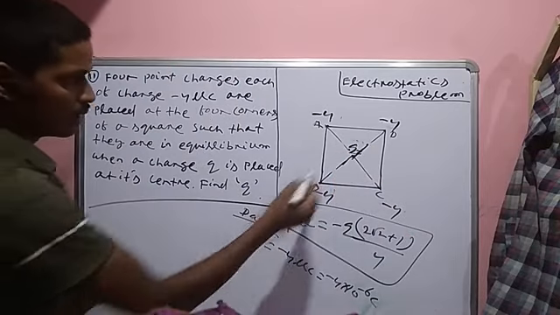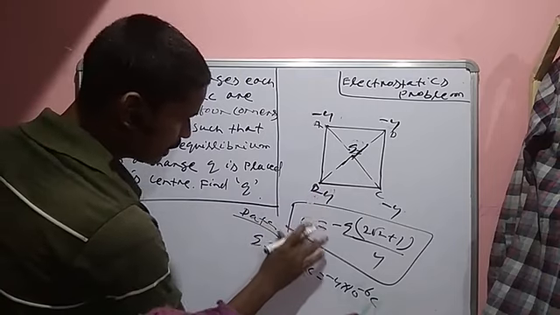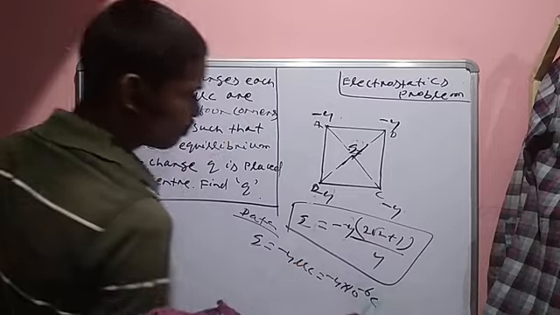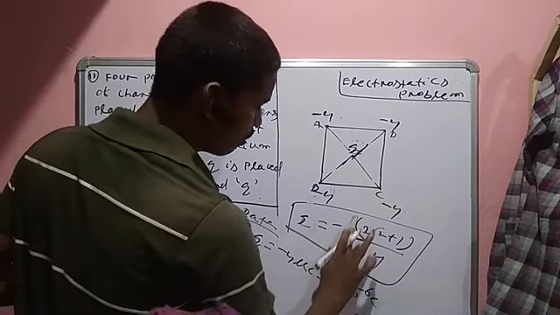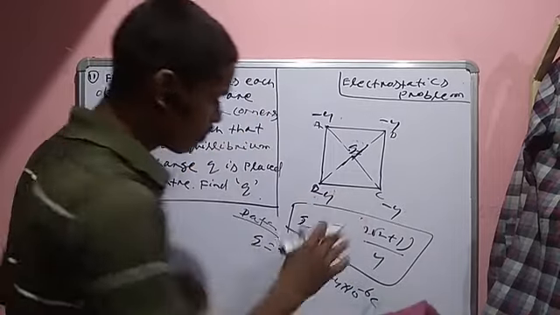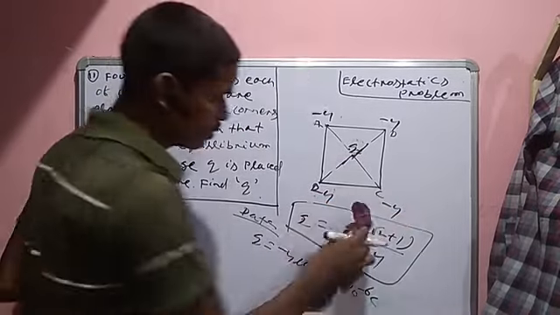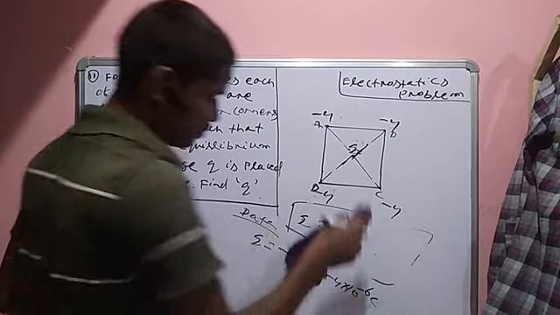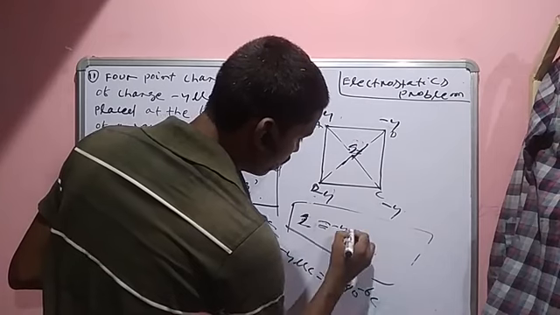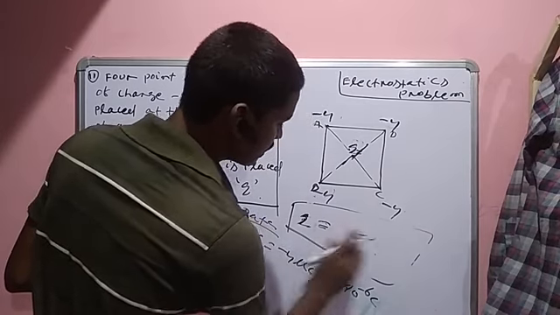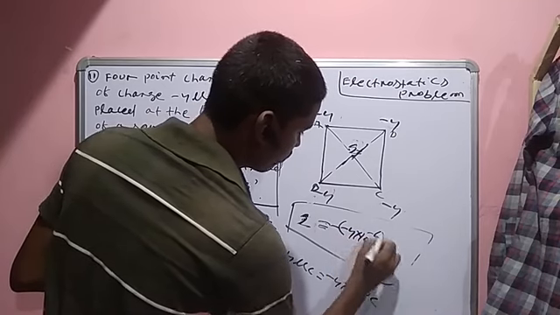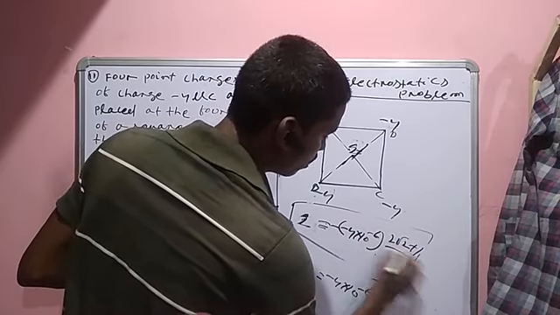This Q is minus 4 into 10 to the power minus 6, into (2√2 plus 1) by 4.